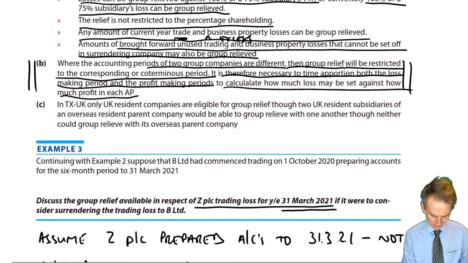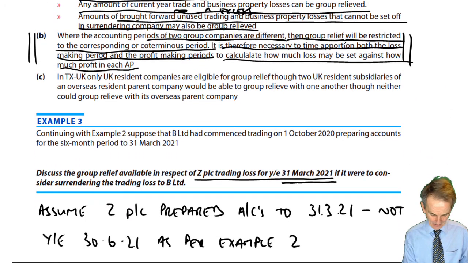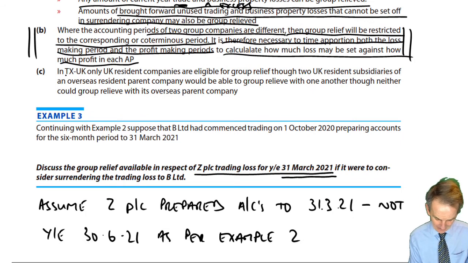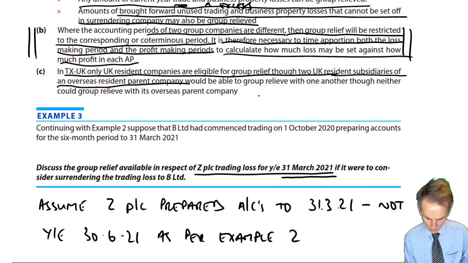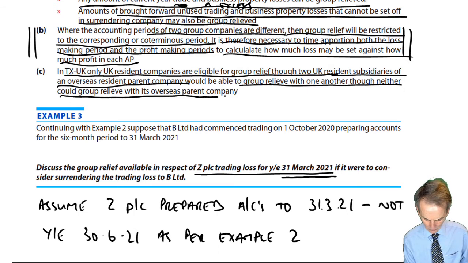One final point here, in terms of the notes. In our particular syllabus, only UK resident companies are eligible for group relief, though two UK resident subs of an overseas resident parent would be able to group relieve with one another, though neither could group relieve with its overseas parent company.